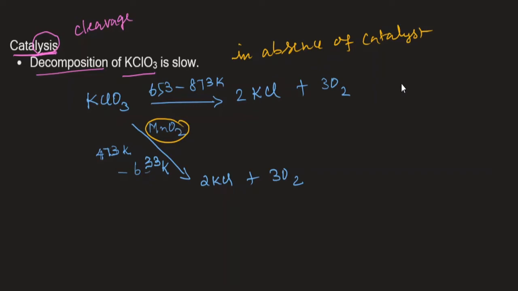In presence of catalyst, it is fast, and not only that, it reacts at comparatively low temperature. Whereas in absence of catalyst, it is slow, and the temperature required is high, 653 to 873 Kelvin. So this indicates the importance of catalysts in any chemical reaction.